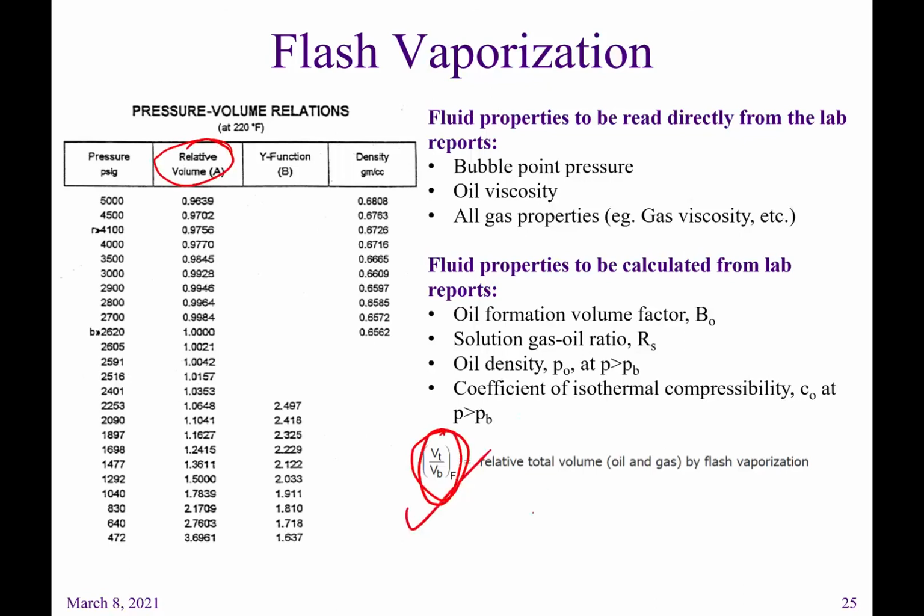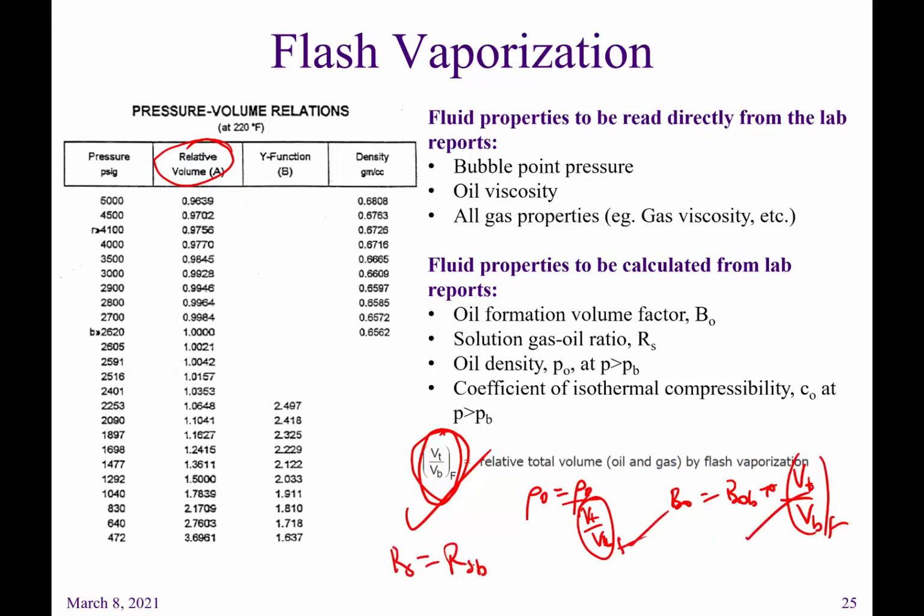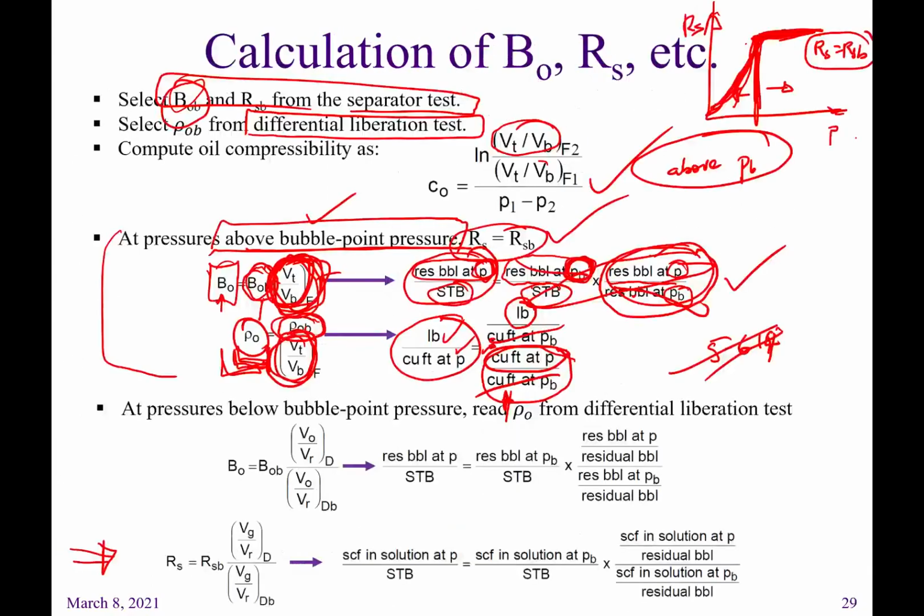That's what we use for rho O. We just saw that was rho O divided by the ratio, and the other one for BO was BOB multiplied by the ratio VT over VB from flash. How about RS? It was RSB, all right? Because it's just constant above bubble point pressure. That's the summary of all we've done here.